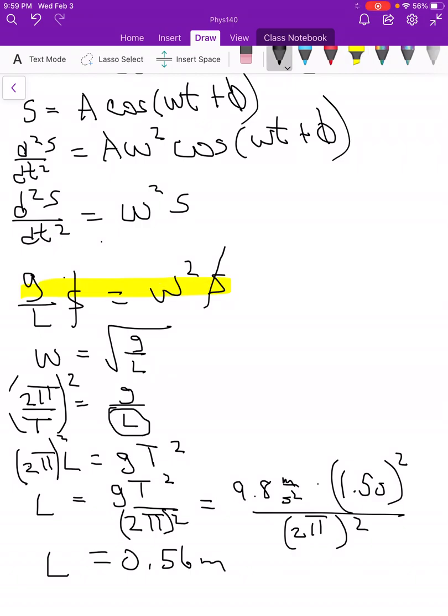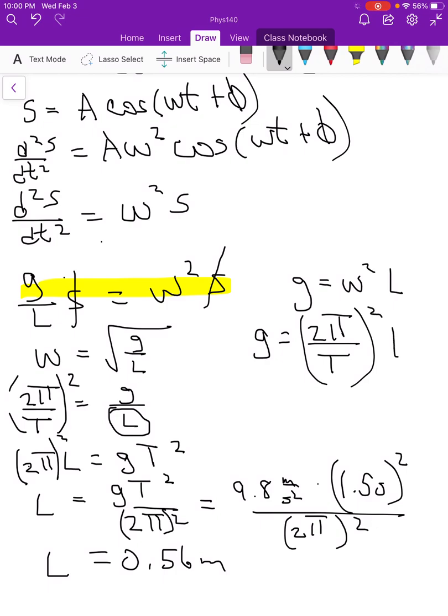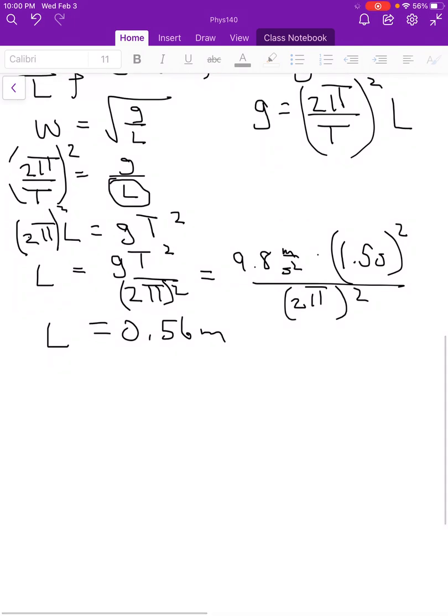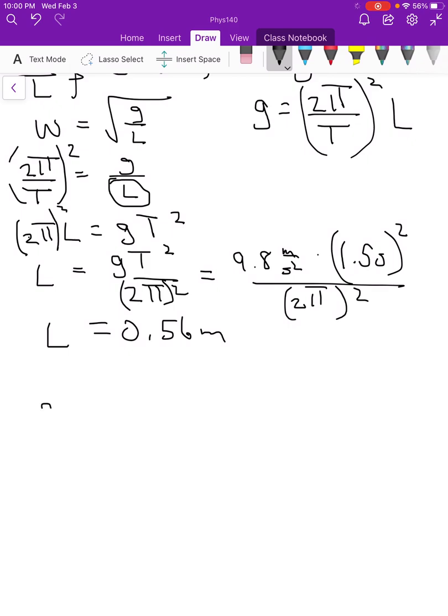So what I want is g, so I'm going to say g is equal to omega squared L, and g is equal to 2 pi over the period squared times L. And so that's the equation I'm going to use. All right, so I'm going to bring that equation down. So I'm going to say g is equal to 2 pi over the period squared times L.